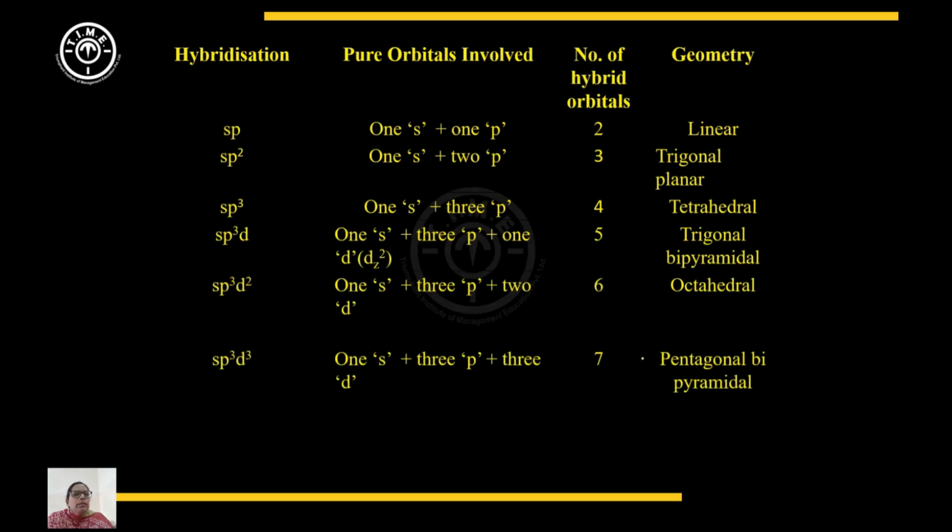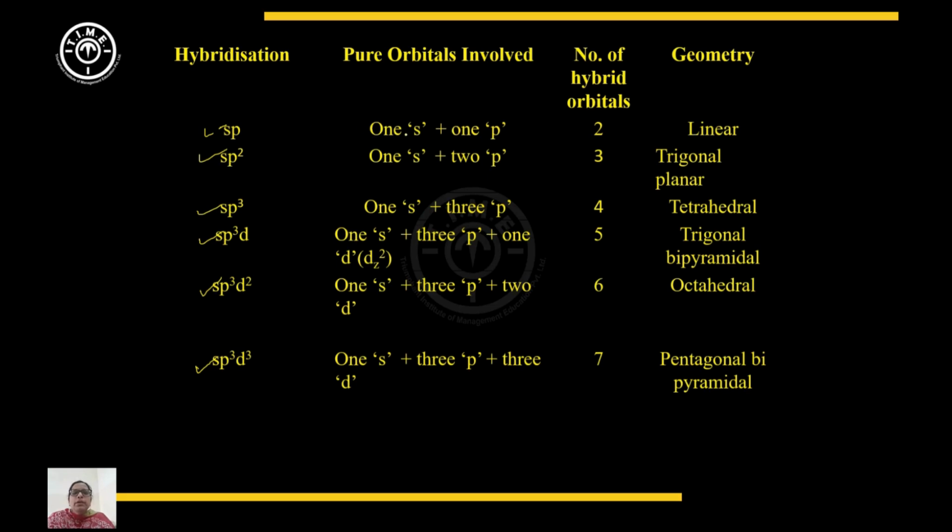Based upon the number of orbitals involved in the process and the type of orbitals involved in the intermixing process, we have different types of hybridization: sp, sp2, sp3, sp3d, sp3d2 and sp3d3.